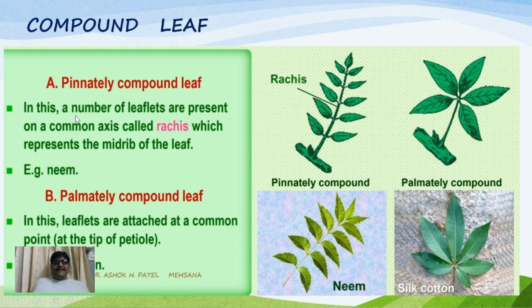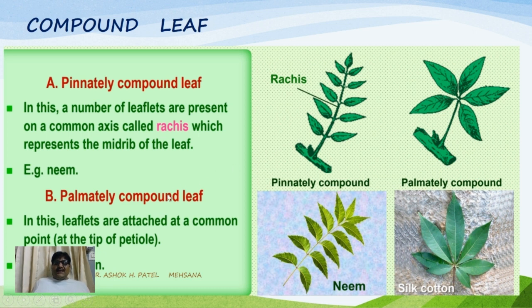A number of leaflets are present on the common axis called the rachis, which represents the midrib of the leaf. The rachis produces some leaflets, and it becomes a feather-like structure.